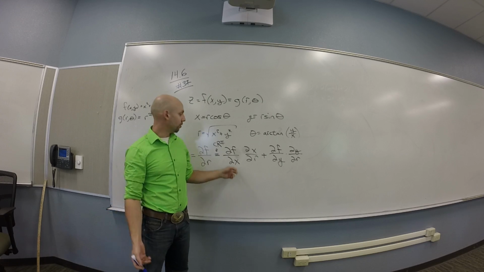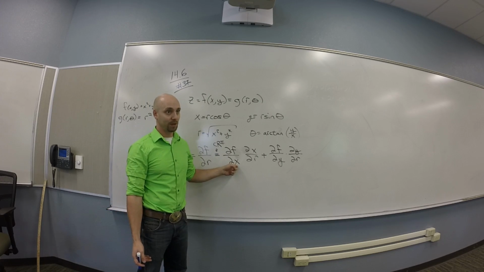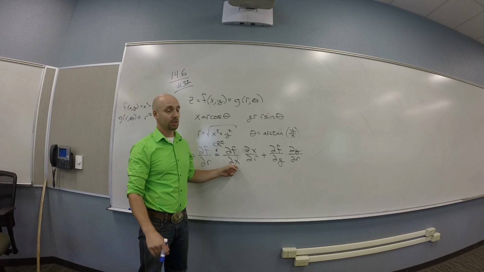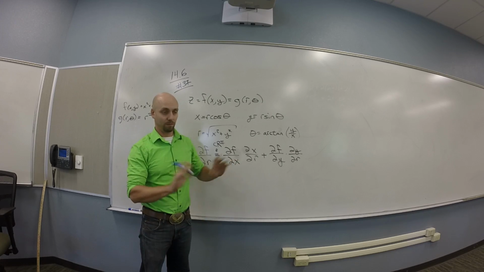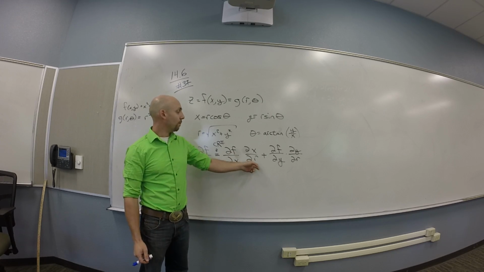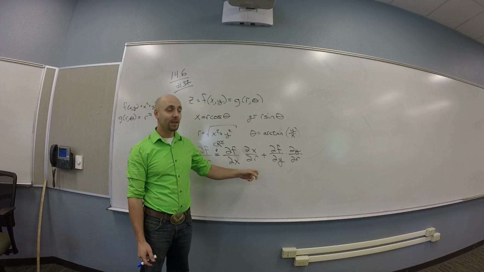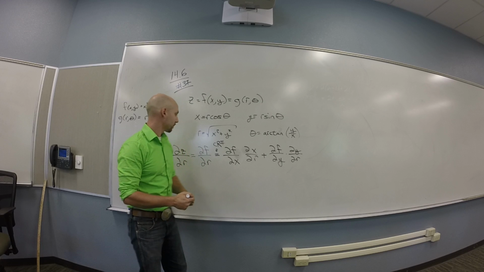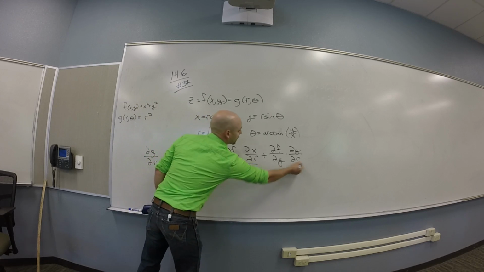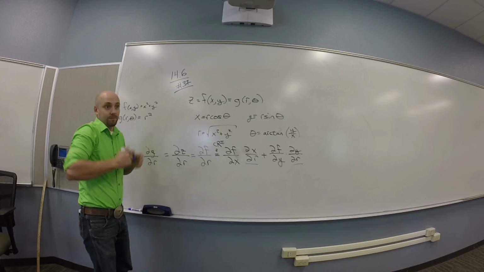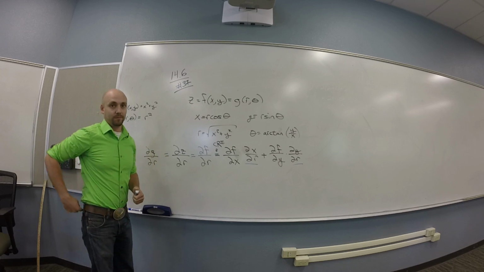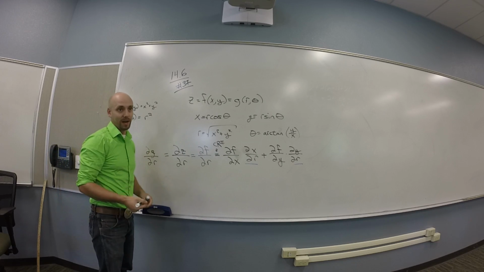So that piece is not accessible to me right now. If I had an example, I could do that, but I don't have an example. But the partial of x with respect to r, I know how to do that part. So these guys are accessible, and the other two you'd have to do when you had a function.